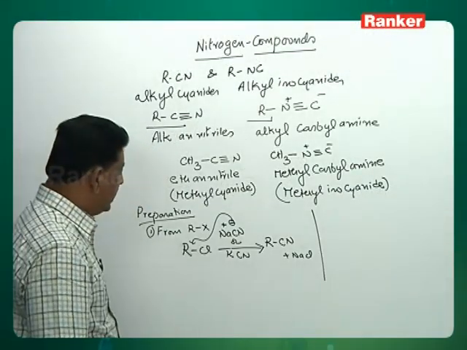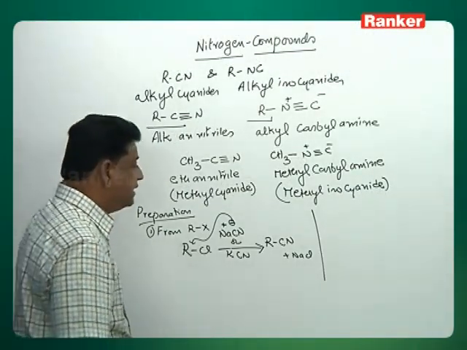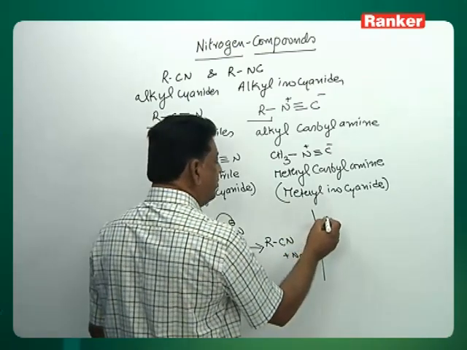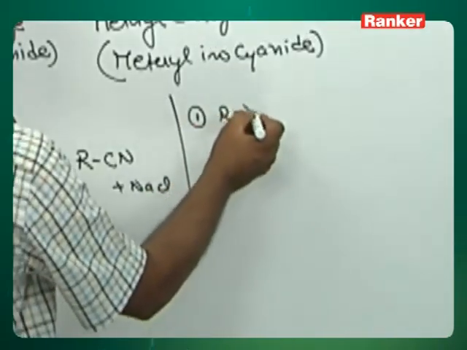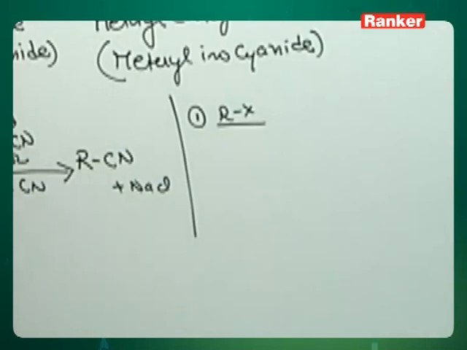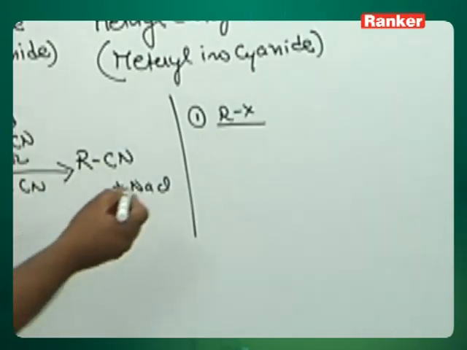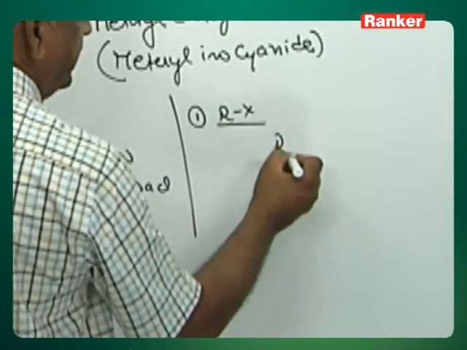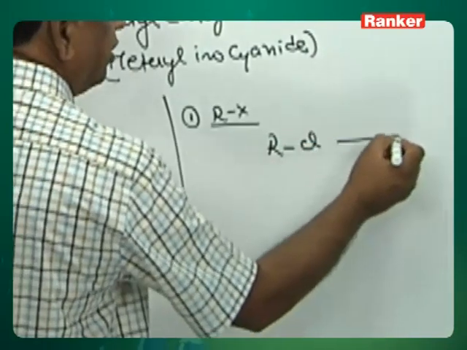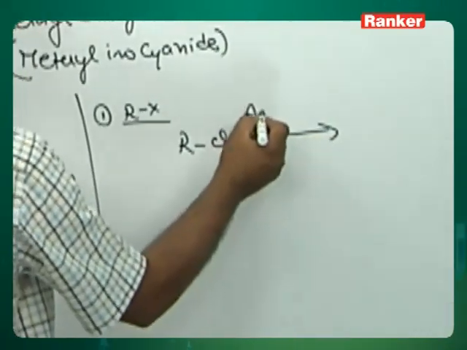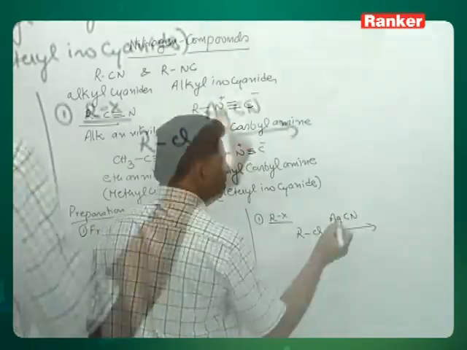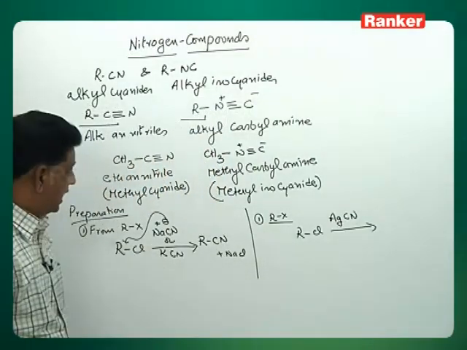So cyanides can be prepared this way. Similarly, alkyl halides can also be used to prepare the isocyanides. But here you take alkyl chloride and treat it with the silver salt of the cyanide, not the potassium or sodium.